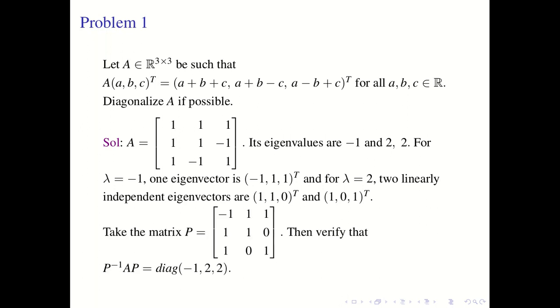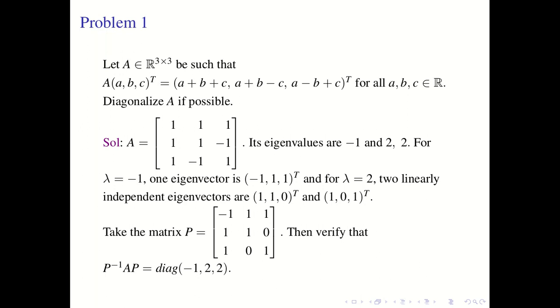So, we can take the matrix P with columns (-1, 1, 1), (1, 1, 0) and (1, 0, 1). We have already shown by theory that if these are linearly independent eigenvectors, then the matrix is invertible and P inverse AP will be a diagonal matrix with the eigenvalues on the diagonal in the appropriate order.